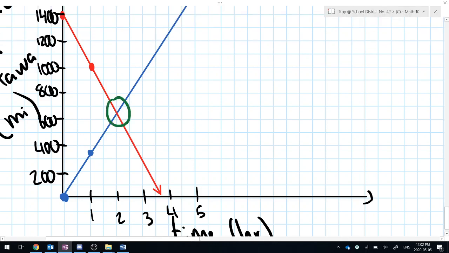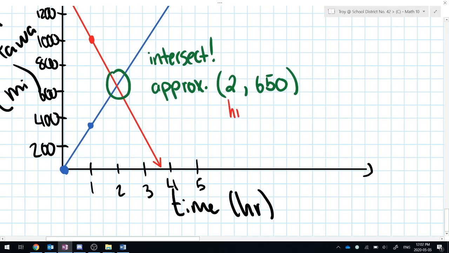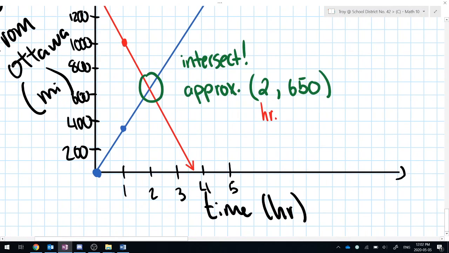So there's our intersect, and this one looks like it's approximately 2, 650 approximately. But remember, the x value is our time in hours, and our y value is distance from Ottawa in miles.